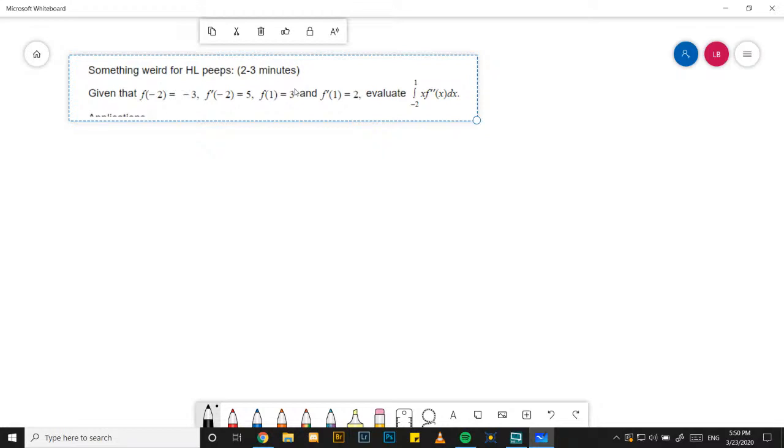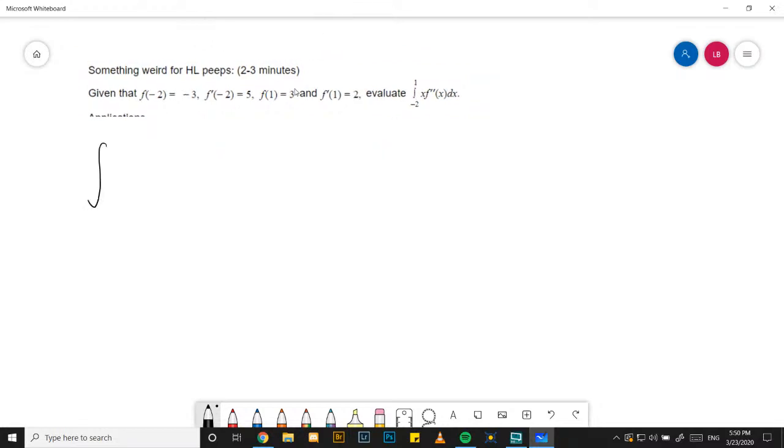First, let's just find the indefinite integral of x f of x dx. This can be done using integration by parts. Note that there's a double derivative over here, but with integration by parts we can get rid of that. The way that we can do that is this.